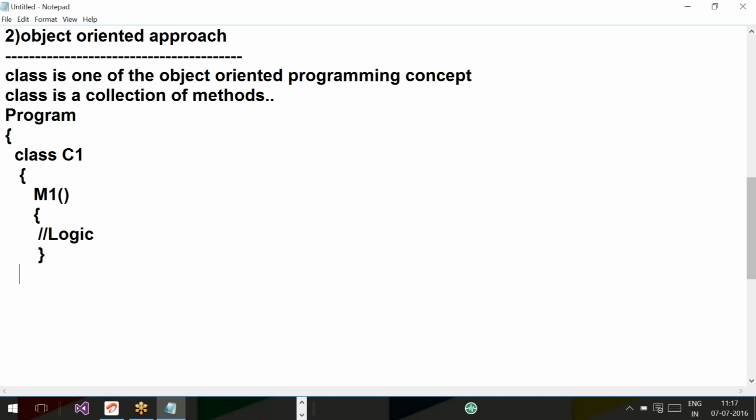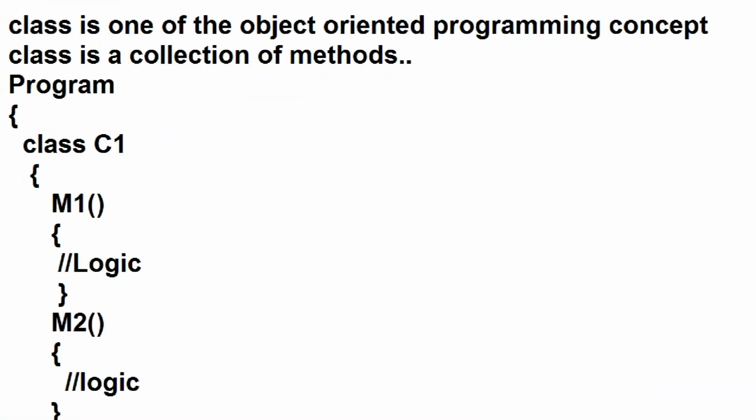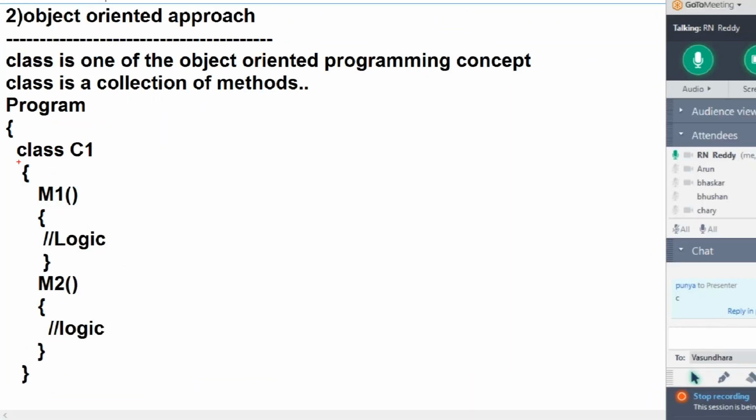Again M2 contains some logic. If you want to define a class, we should use a keyword called class. C1 is the class name. Open brace to close brace is the C1 class block. In that you define two methods, M1 block and M2 block.